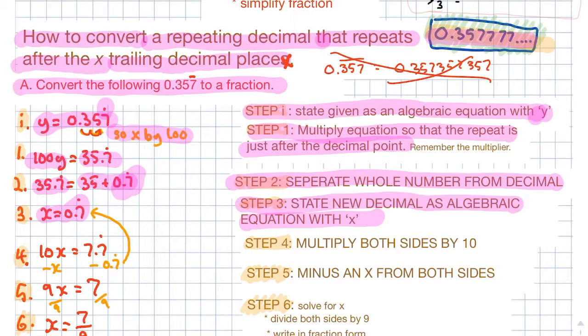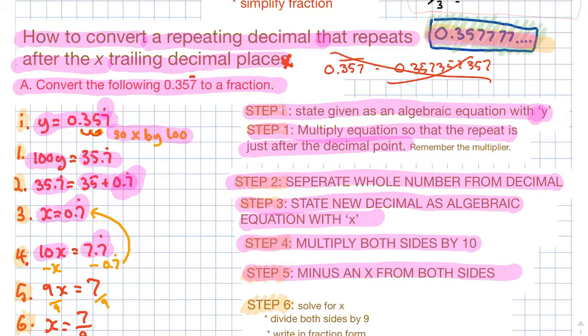Now, this should look familiar to you, because you've been taught how to solve this. So you can solve this and then work backwards and figure out what the rest of it is. So the first step of solving this, or step 4 in the big picture, is multiply both sides by 10. 10x equals 7.7 repeat.